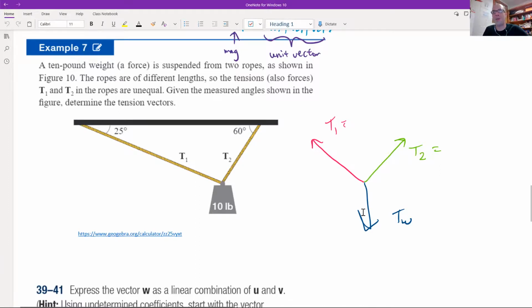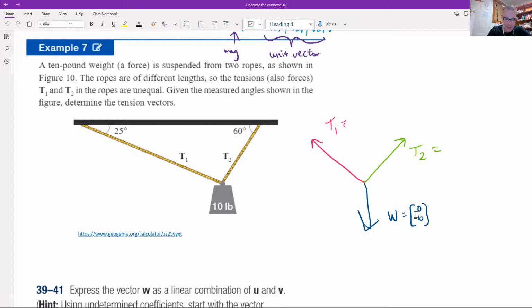We've got our weight vector hanging down here, and I don't even know if I want to call this T. Let's just call this big old W, because it's not really a tension force. You just got the weight of this 10-pound thing going on. And the vector that I'm going to assign to it is just 0 and then -10, because it is pulling 10 units down in the y direction.